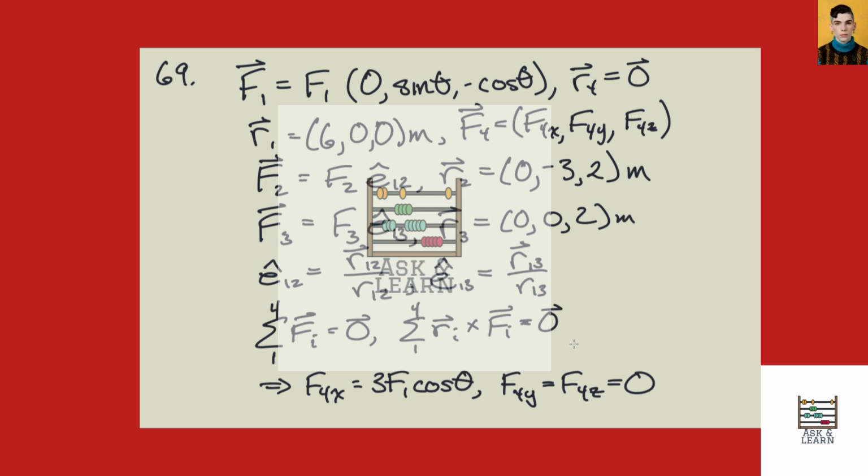We can solve for our force components in terms of the applied load and then the angle at which it's applied. So it turns out that in the X direction at the ball joint we have 3F cosine theta, and the other components are actually 0. So we only have a component in the X direction, which is normal to the wall.